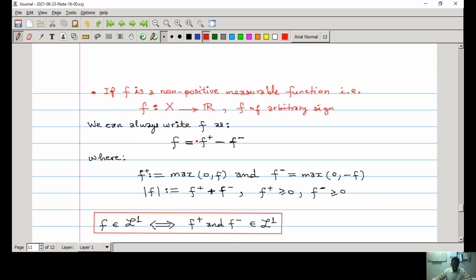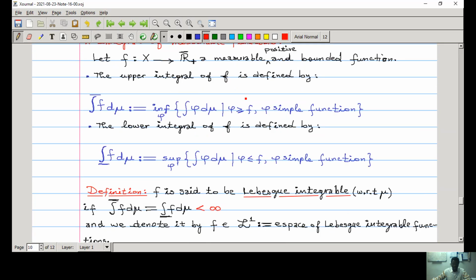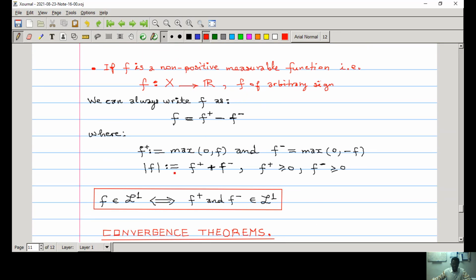So f plus and f minus are positive, and you approximate them using the above theory. Now to get the integral of the function f itself, you just combine the two. So f plus and f minus are given by this. They are positive, right? The max between 0 and f: if f is negative, the max will be 0, but if it is positive, f plus will be positive. Similarly here, f minus is the max between 0 and negative f.